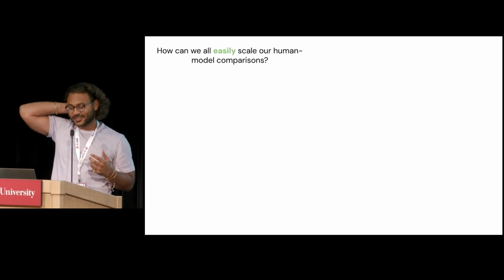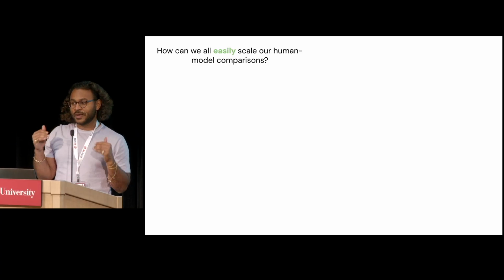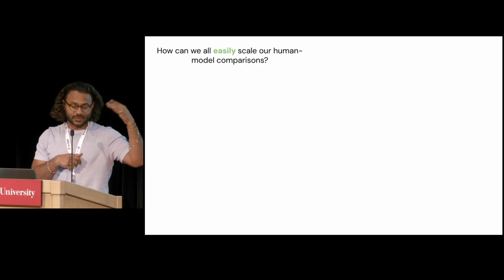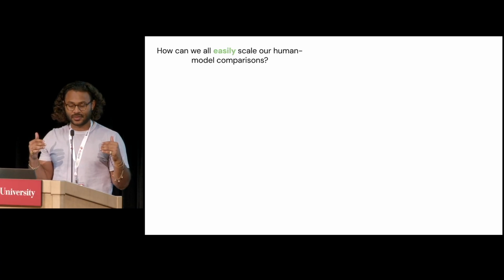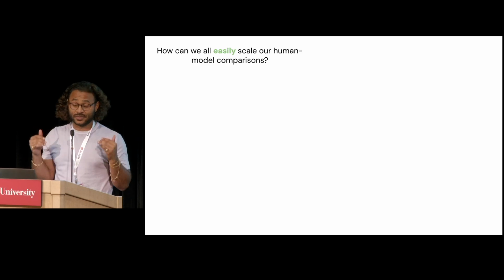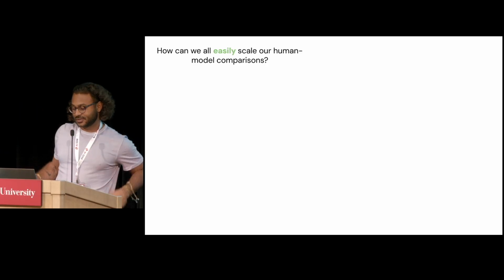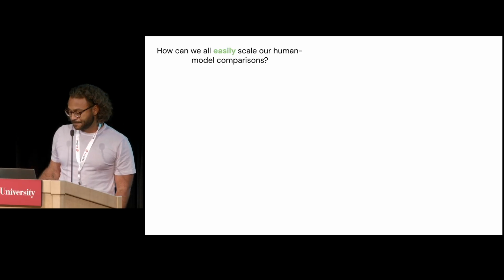I learned when I entered cognitive science that a lot of people will have a domain for their model that's in Python or C or whatever, and then they will rebuild that domain once again in JavaScript. And that just seemed like the most laborious, cumbersome process ever. And it didn't seem scalable for having many comparisons. And so one thing I sought to do was to make that process easier.